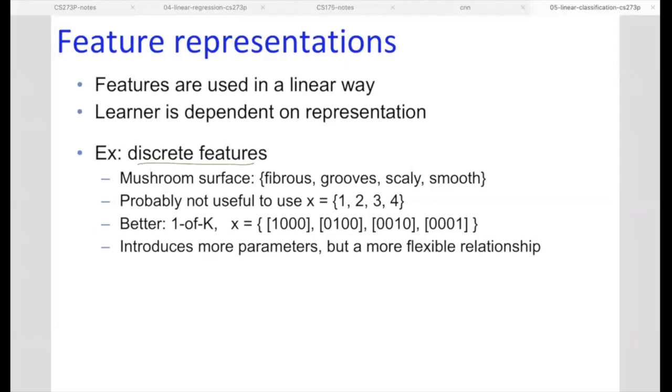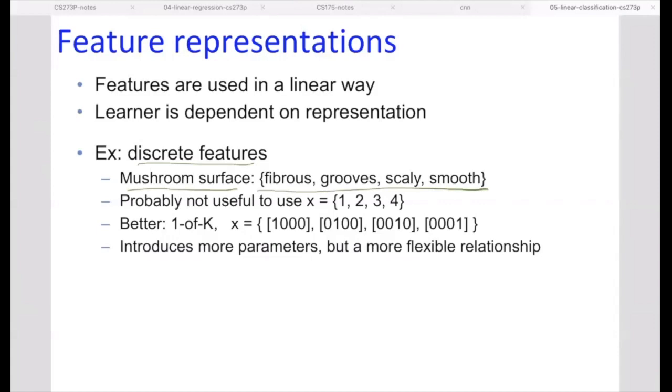For instance, here is one example of discrete features: the shape of the surface of a mushroom, and you might want to predict the type of mushroom based on this description. Think about that as a classification problem. Your input features might be represented by categorical discrete values: fibrous, grooves, scaly, and smooth. So you have 4 different types of surface features here.